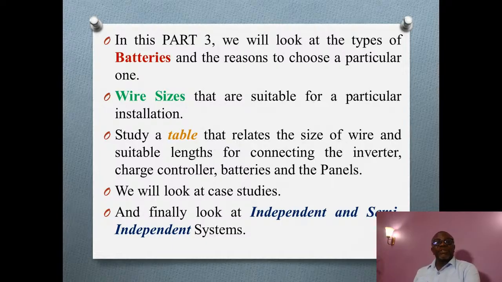We will study a table that relates the size of wire and the length for connecting your inverter, your charge controller, your batteries, and the panels. We will also look at some case studies. And finally, we will look at independent and semi-independent systems.